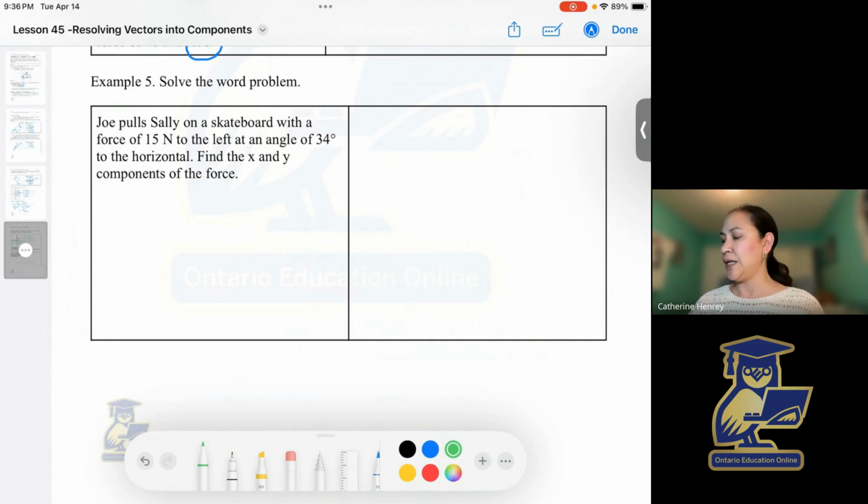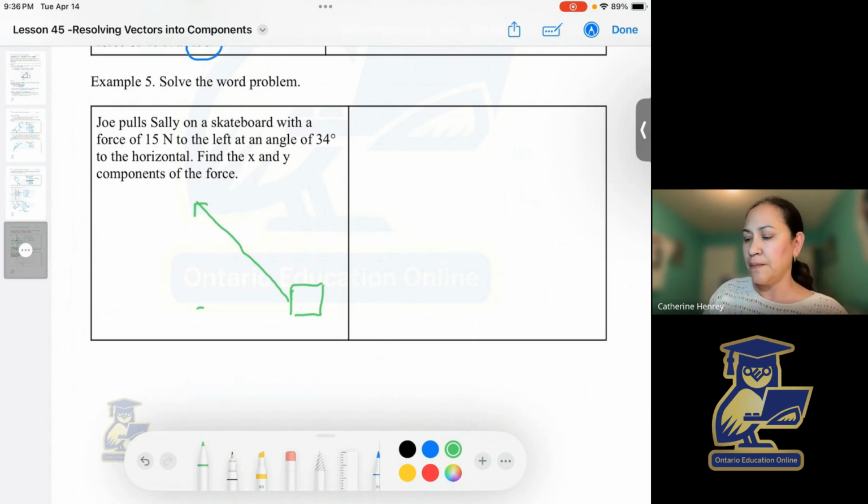Find the x and the y components. So in this case, because it's to the left, this little box is going to represent Sally, and Joe's force pulls to the left at an angle of 34 degrees to the horizontal, and the force is 15 newtons.